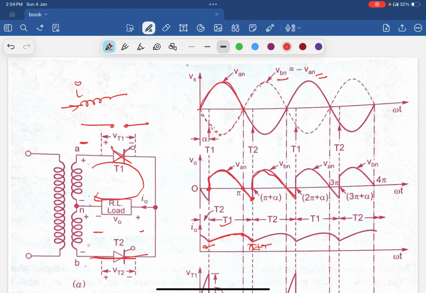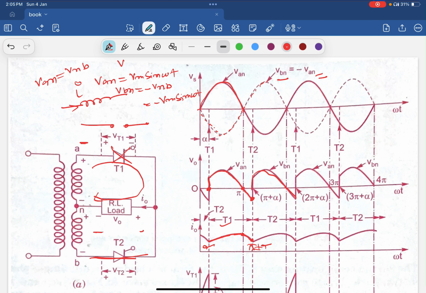As we have already discussed in the class, VAN is equal to VNB. So VAN is equal to Vm sine omega t, where VBN is equal to minus VNB, equal to minus Vm sine omega t.